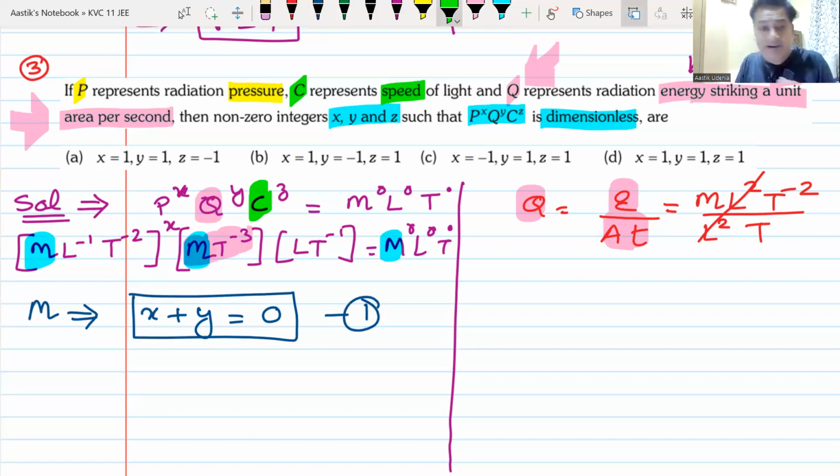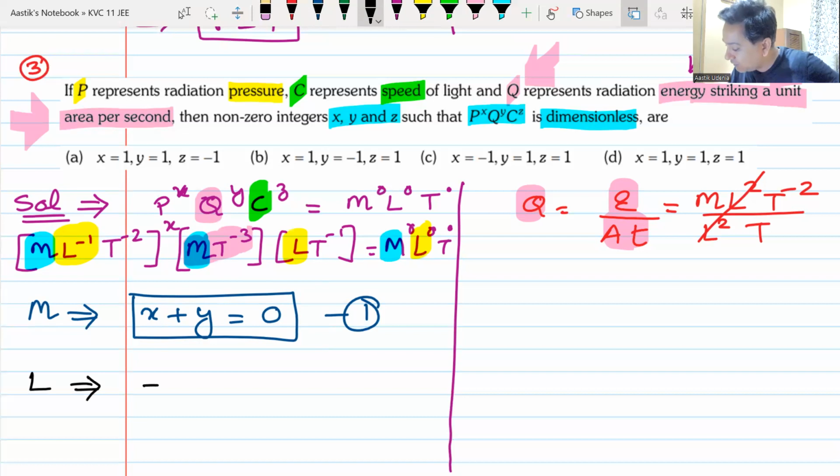Then I will move ahead and equate the coefficients of L. Let me paint L in yellow, and I will draw the rest in black color. On the left hand side, you have 0, on the right hand side, you have 0.